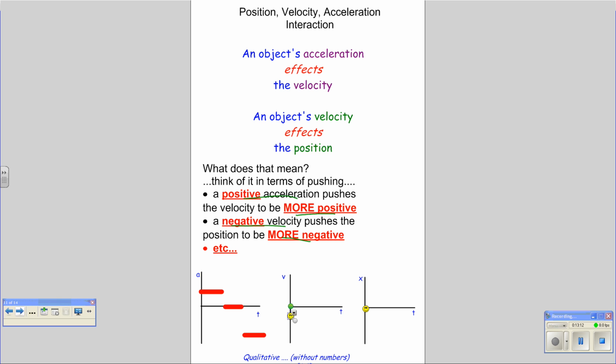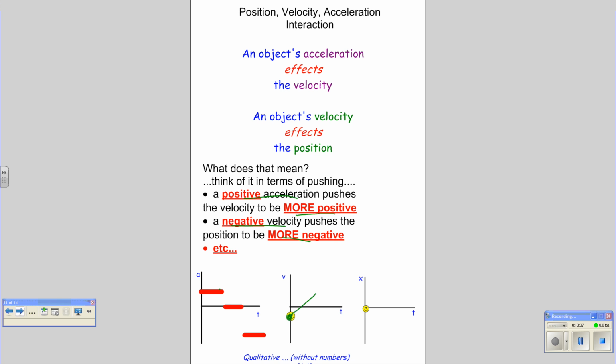So in this first set, let's say we're going to use this smiley face right here. This is where we're going to start. So our initial velocity starts here. Now we are accelerating in the positive direction. So we are going more positive. So we push our velocity up.